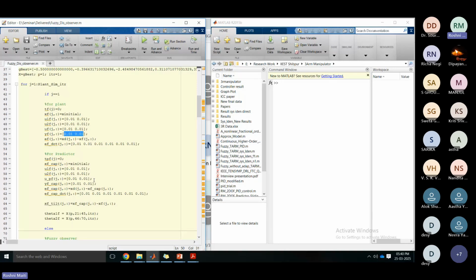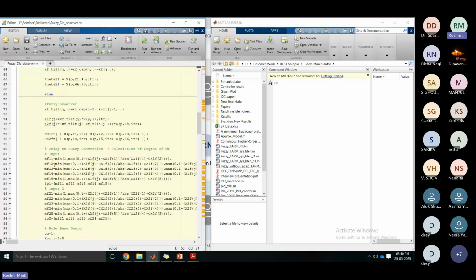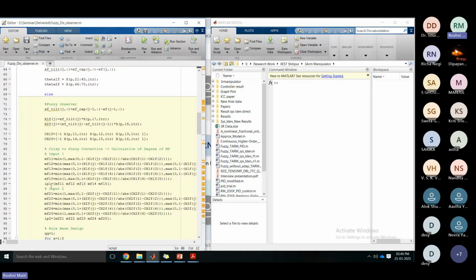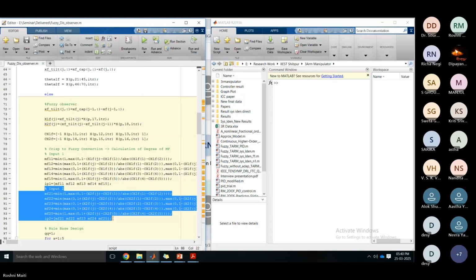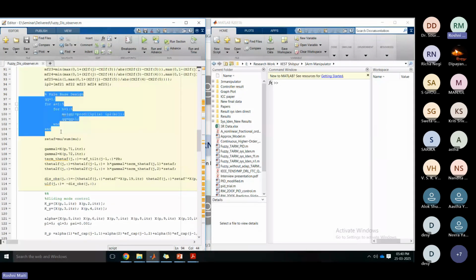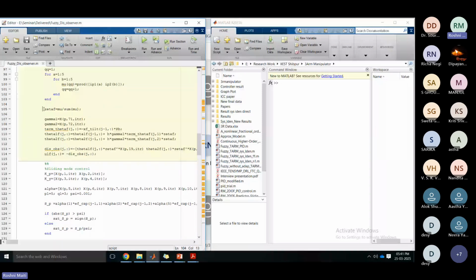After this, we have to calculate the membership functions for input 1 and then membership function for input 2. Then we have to formulate the rule base, and then we have to calculate this zeta. And we have to multiply this zeta with this theta. Here theta is written as gamma because another theta is there in this system.